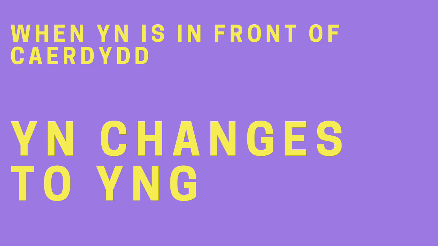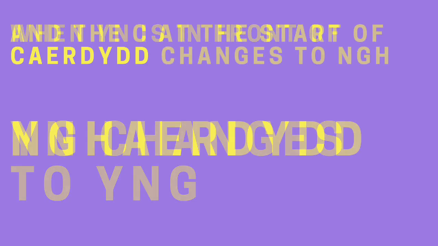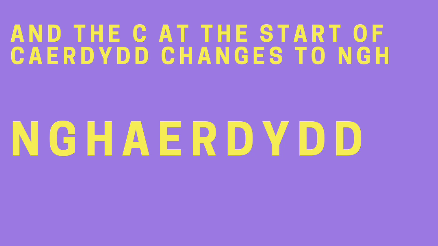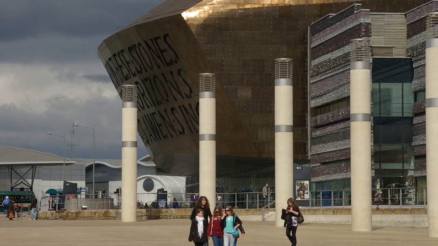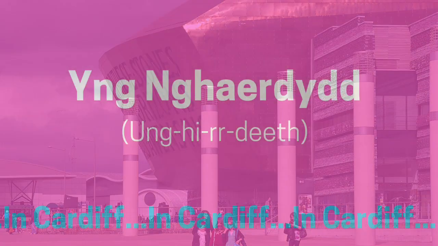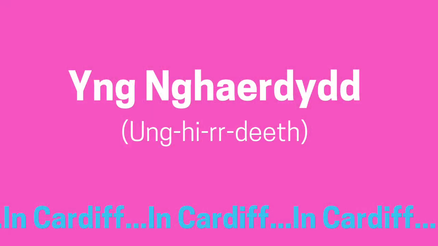When we use yn in front of a word beginning with C, such as Caerdydd, the C gets replaced with NGH, which creates a ng sound. Nghaerdydd. The yn in front of the word becomes yng, spelled Y-N-G, and the two words yng and Nghaerdydd run together and sound like one word.